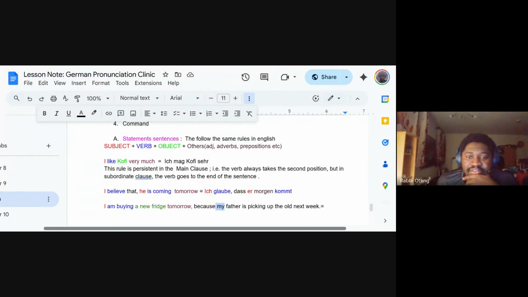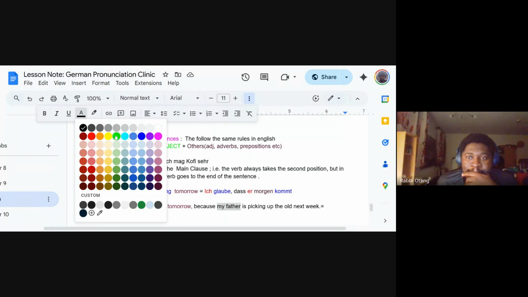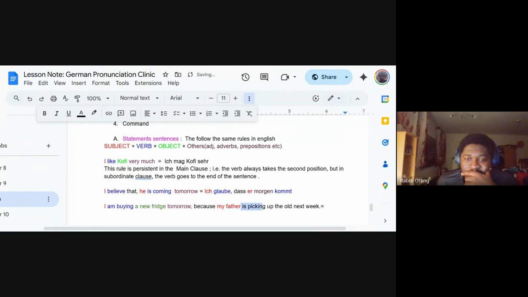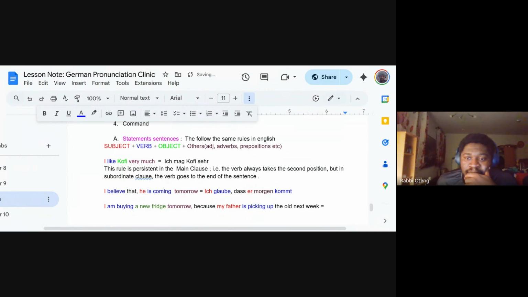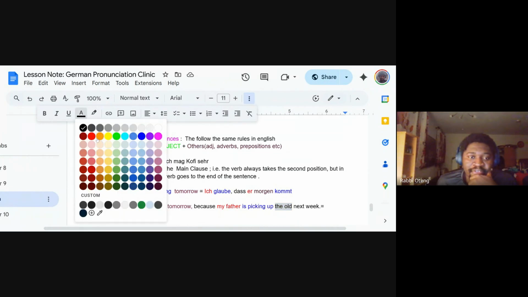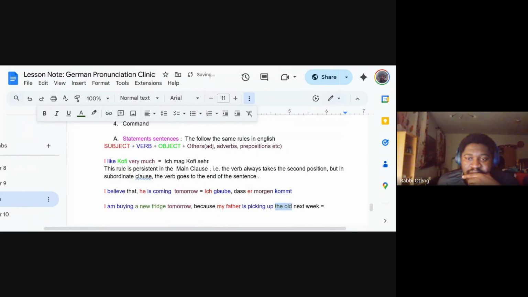My father here is the subject. Then picking up is the verb here. The old one is the direct object, and it refers back to the fridge. Then next week is the adverbial of time, which is others.